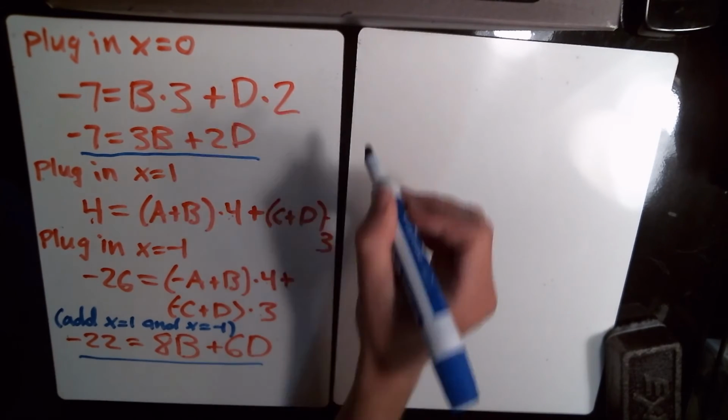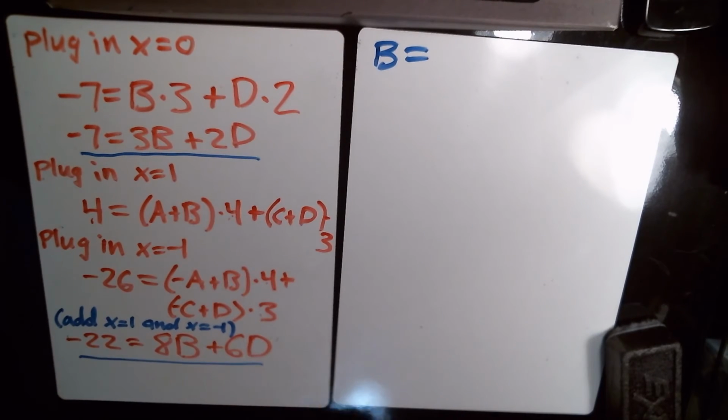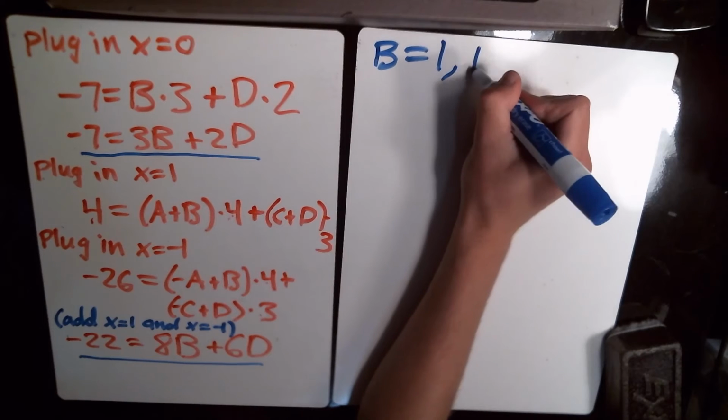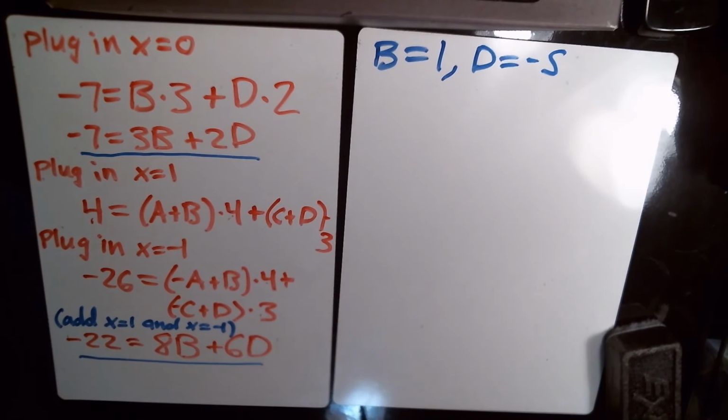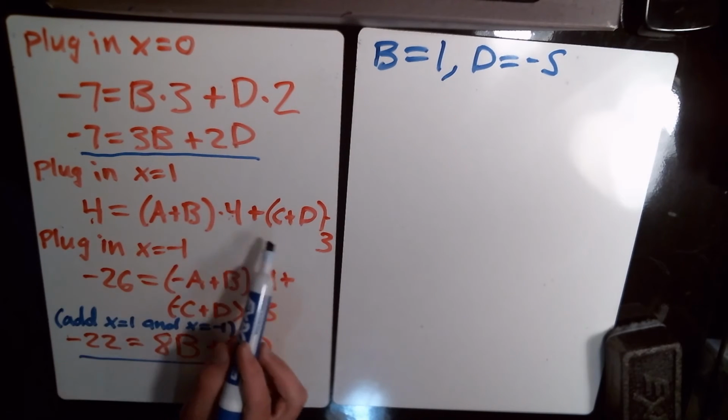Okay, so we figured out on the last thing that b was 1 and d was negative 5. So now what I'm going to do with that is probably plug, well, yeah, we might have to get another equation, but I'm going to plug those into this equation here that I have.